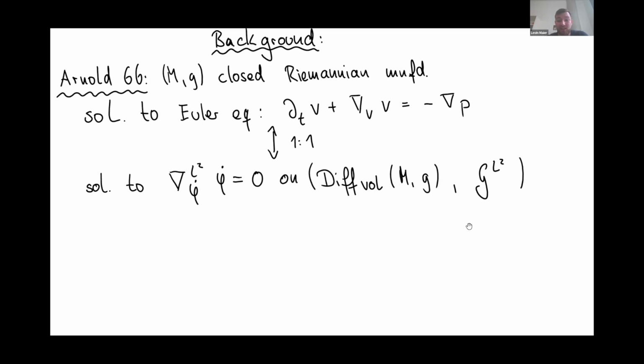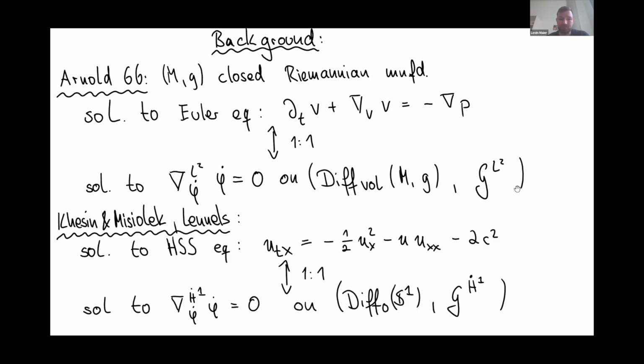Another direction is that you can change the group or the metric. That was also done in the past, by Boris Khesin, Jared Mirolik, and Jonatan Lenells, more or less independently. They proved that the solutions of the Hunter-Saxton equation, which has the following expression, are in one-to-one correspondence with solutions of the geodesic equation with respect to the H1 metric on the group of all diffeomorphisms of S1 fixing one point.